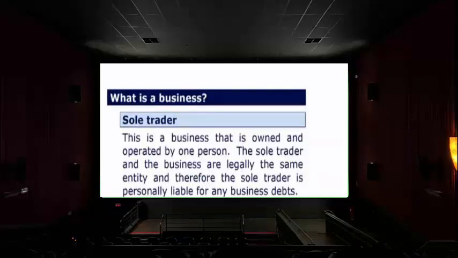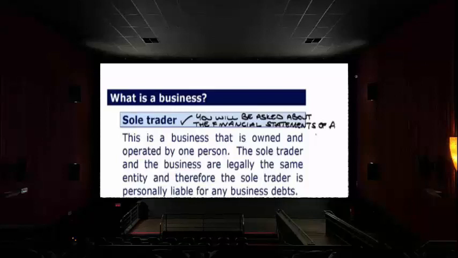Now, the first type of business is a sole trader, and I'm going to put a tick next to this because in the exam you will be asked about the financial statements of a sole trader.